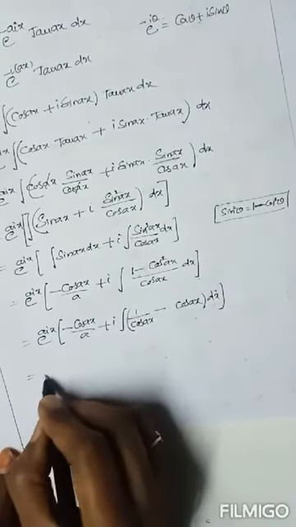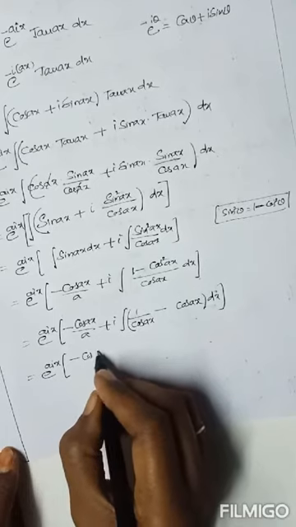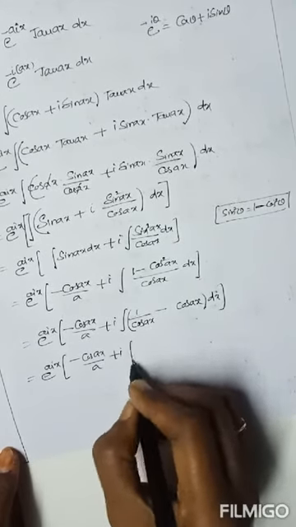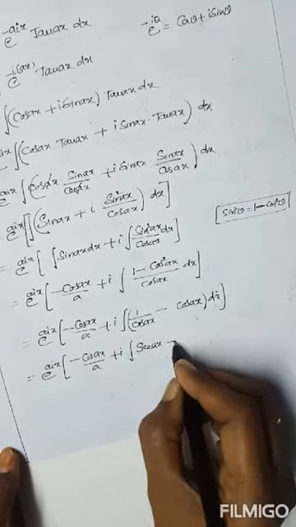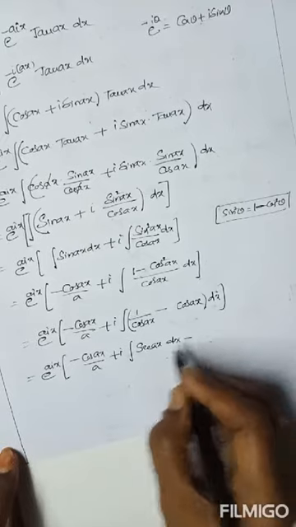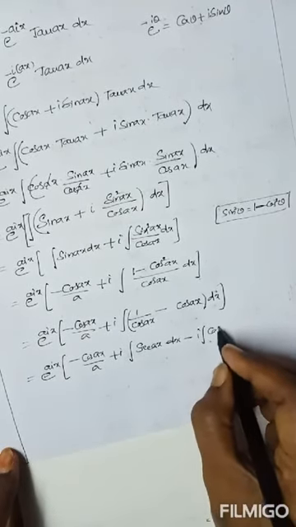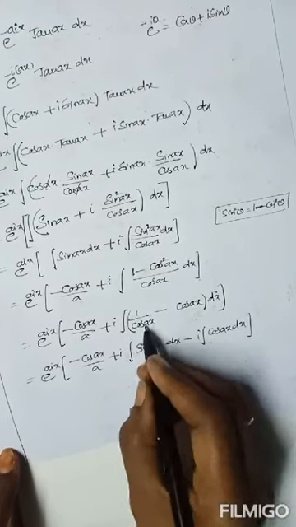After that, e power ax, minus cos ax by a plus i into integration of 1 by cos, which is nothing but secant ax, dx, minus i into integration of cos ax into dx. Integration applied to each and every term.